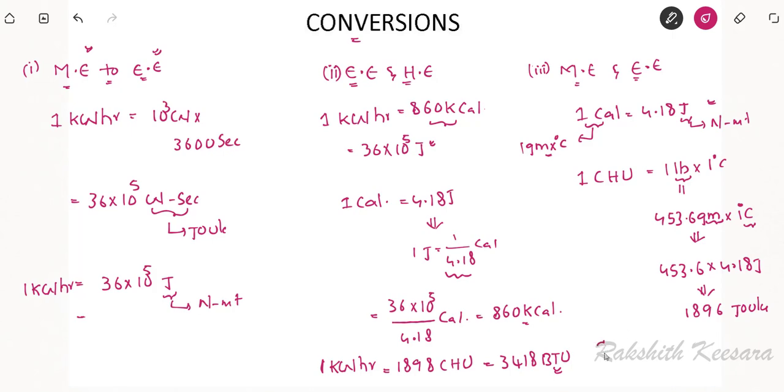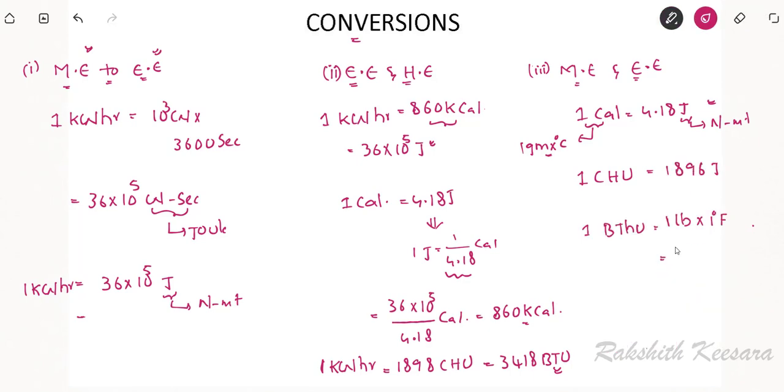Next, similarly 1 BTHU will be equal to 1 Libra into 1 degree Fahrenheit. Here 1 Libra is also equal to 453.6 grams into rise of 1 degree in Fahrenheit, is equal to rise of 5 by 9 degrees in Celsius.